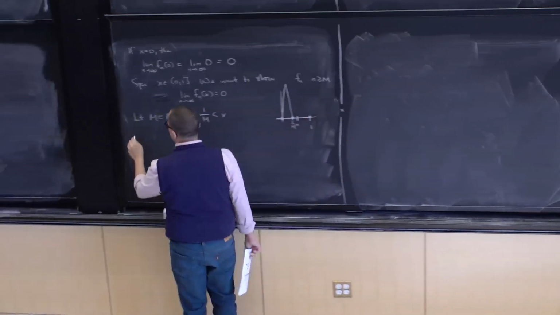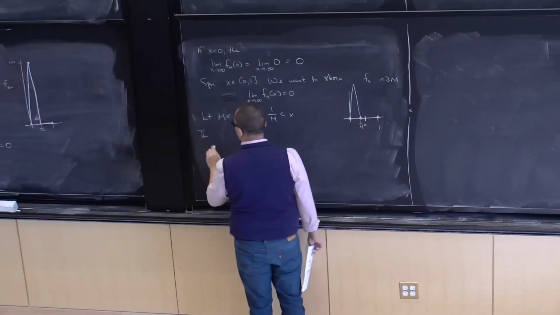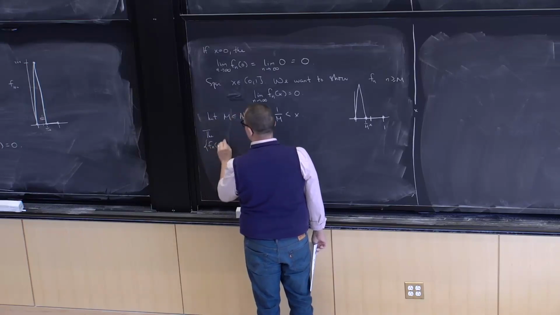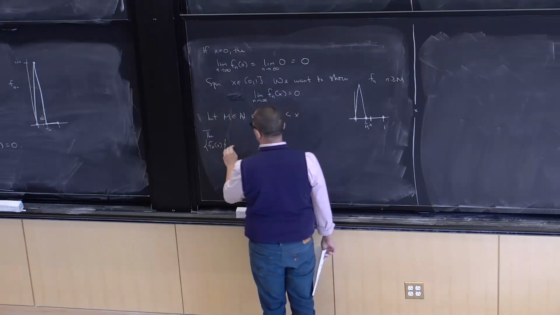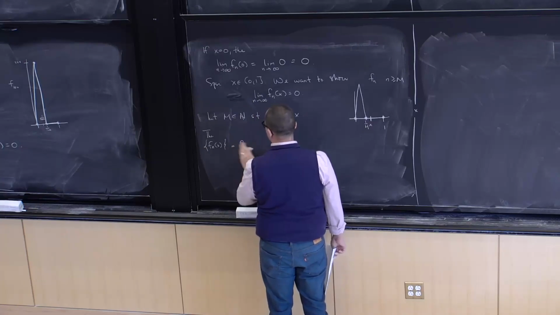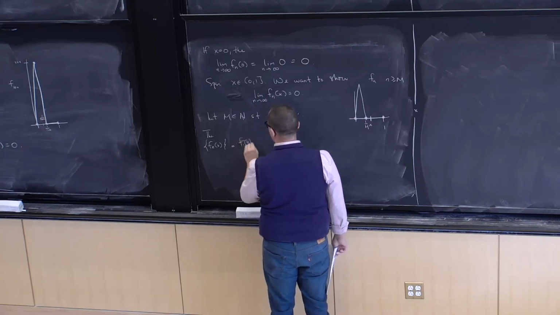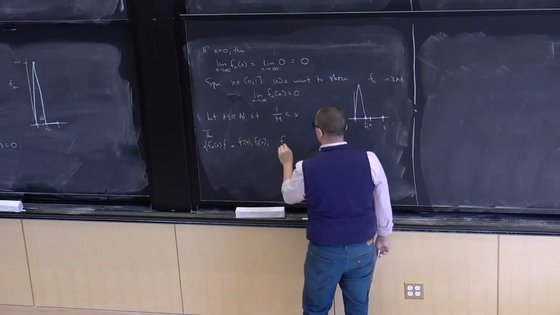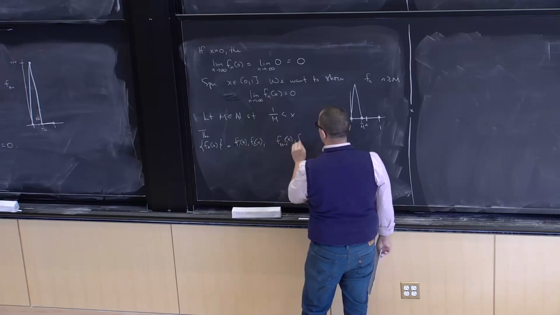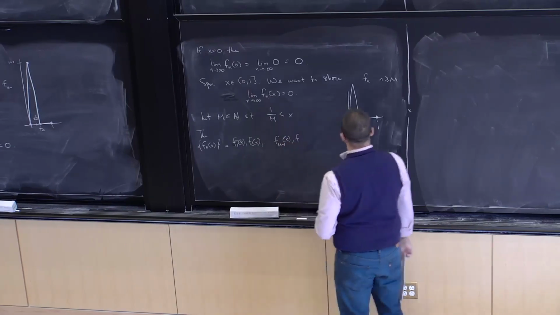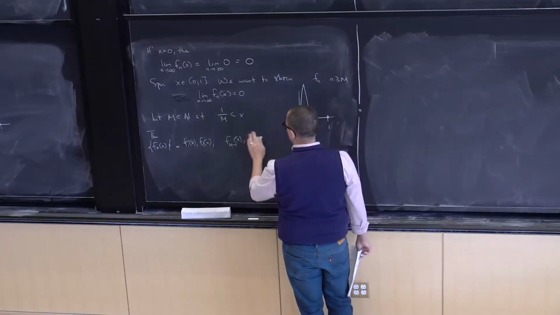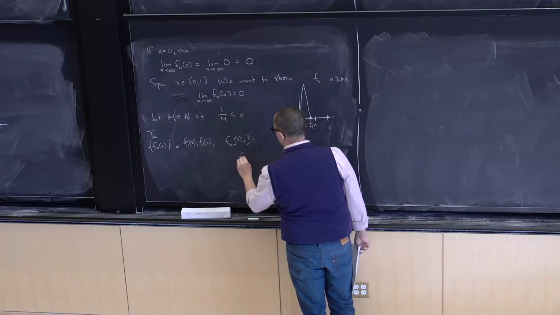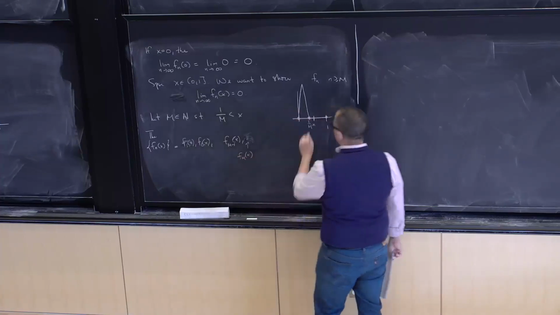If I look at this sequence fn of x, which I'm trying to show converges to 0, it is f1 of x, f2 of x, up to fM minus 1 of x. And then at fM of x, this spot, it's 0.